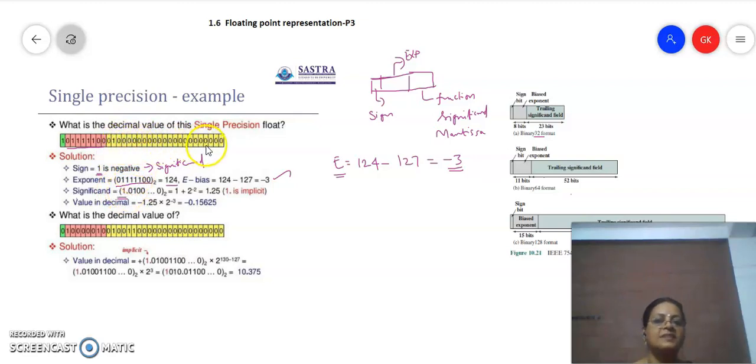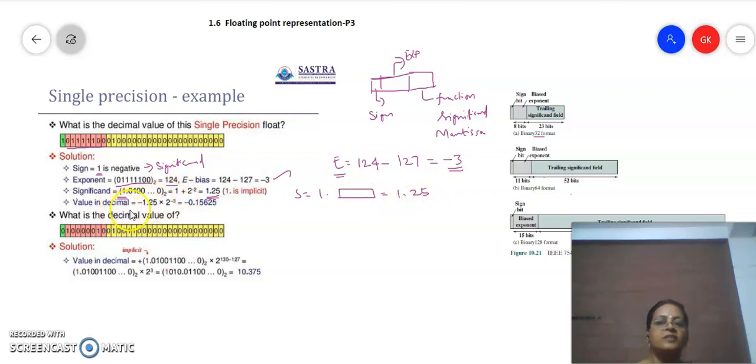So you write the significand as 1 point, then the same pattern they have given, copy it here, and this is the original significand in base 2. You convert this number into the decimal equivalent, which works out to be 1.25. You can do the conversion as we discussed in the previous sessions, on how to convert numbers from one system to another.